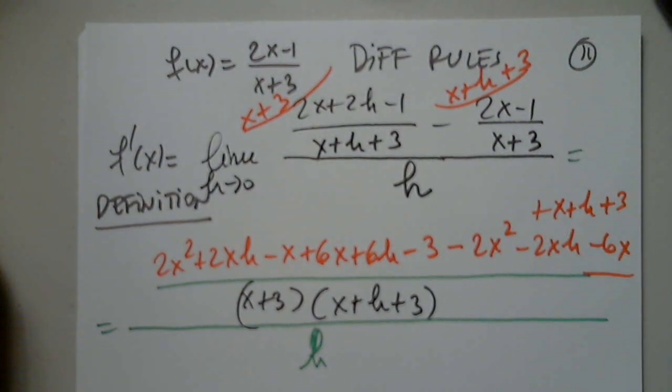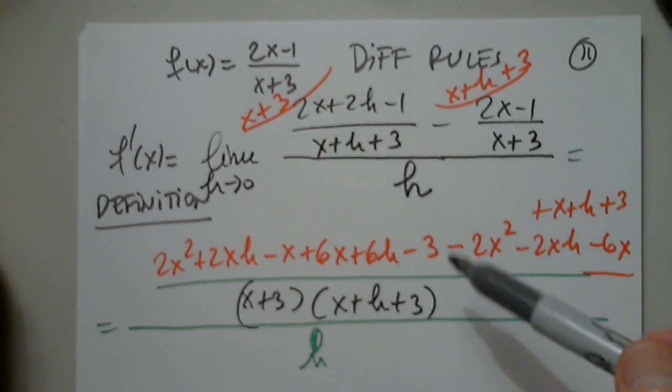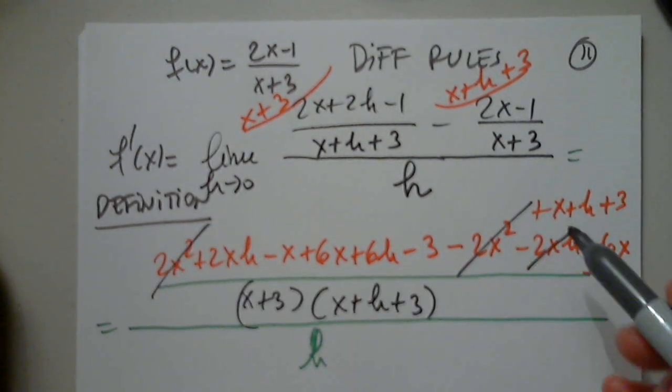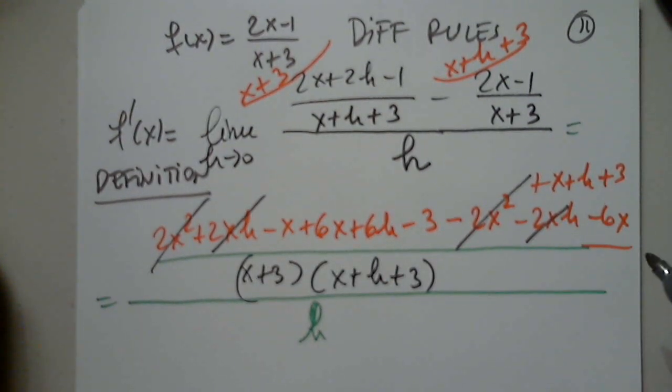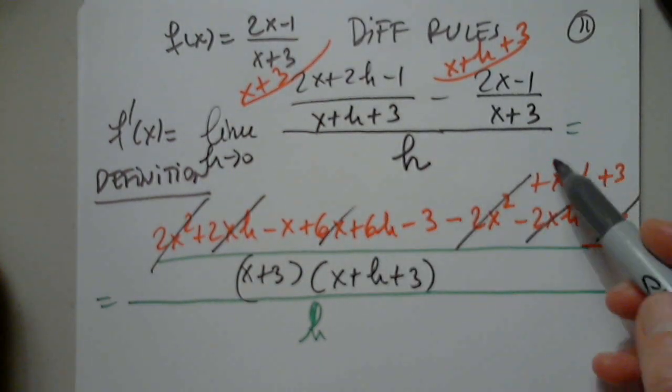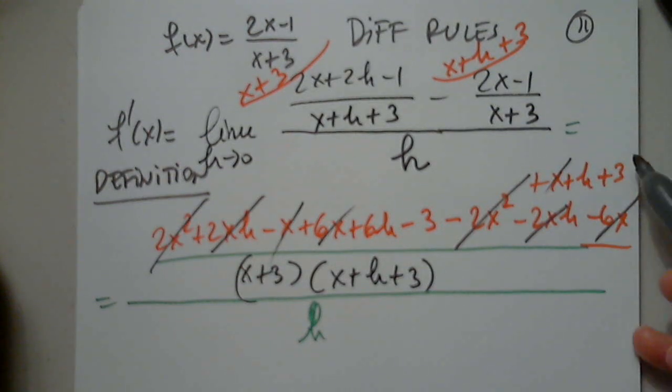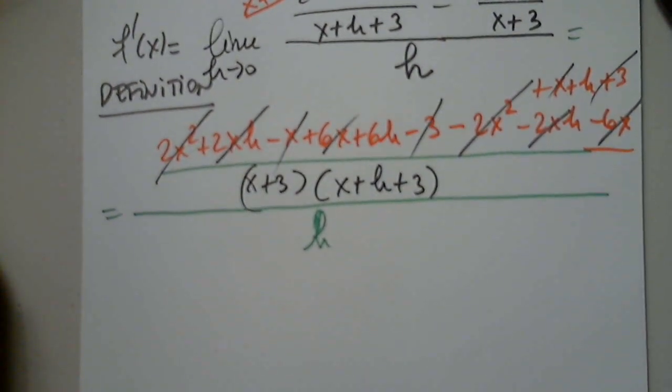Two things must happen. All terms without h must go away. If they don't, like if I had that number in there, the 2 or 3 whatever, I couldn't go to bed without taking care of that because it made no sense.